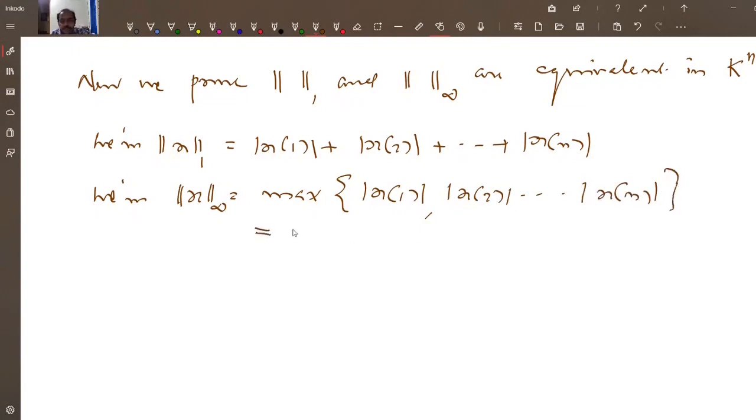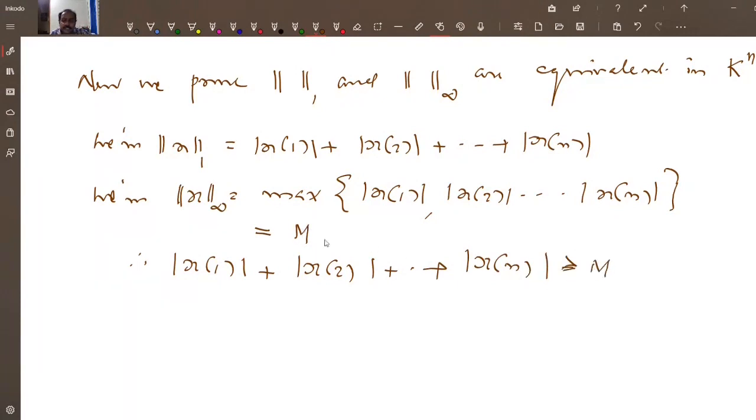Let it be equal to some m. Therefore, modulus of x of 1 plus modulus of x of 2 plus etc. plus modulus of x of n is greater than or equal to m, because this m is one of the x of i's, since m equals modulus of x of i for some i.